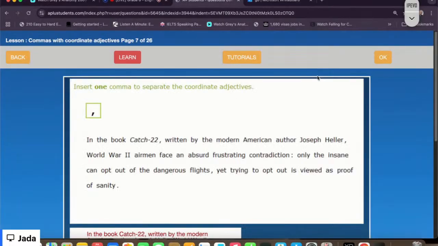In the book Catch 22, written by the modern American author Joseph Heller, World War II airmen face an absurd, frustrating contradiction. Only the insane can opt out of the dangerous flights, yet trying to opt out is viewed as proof of sanity.